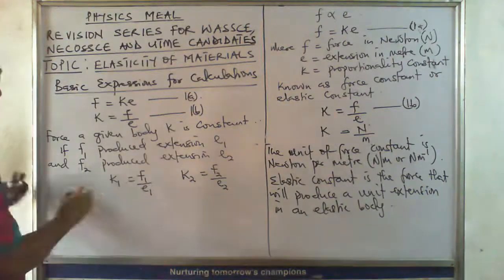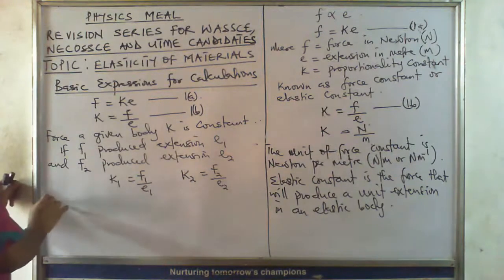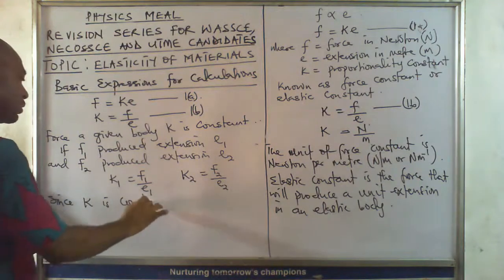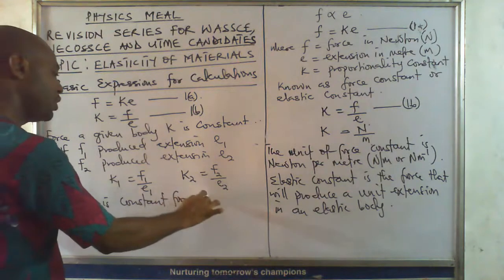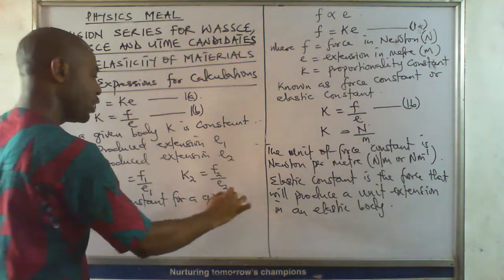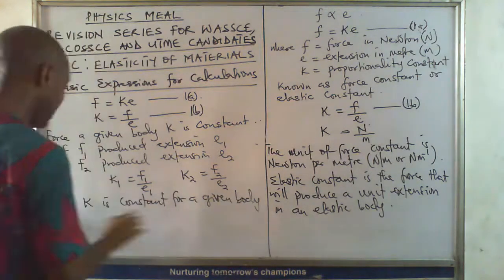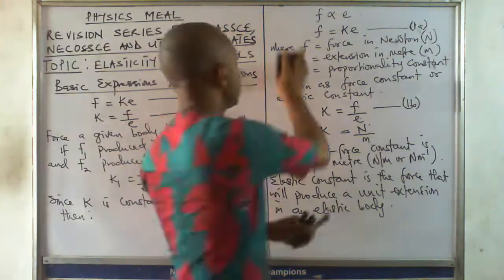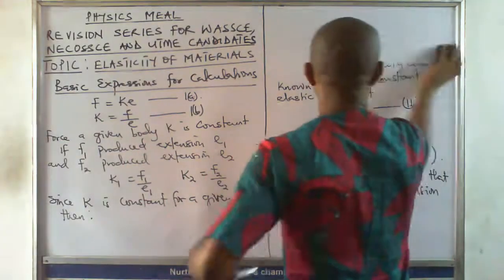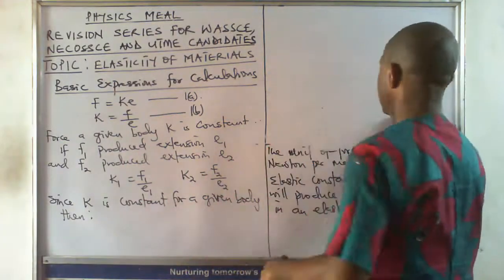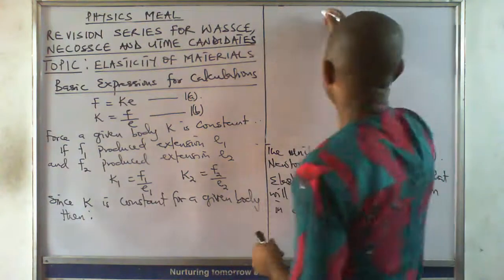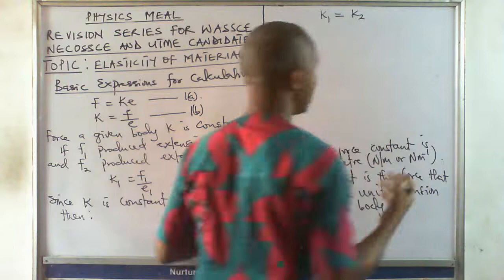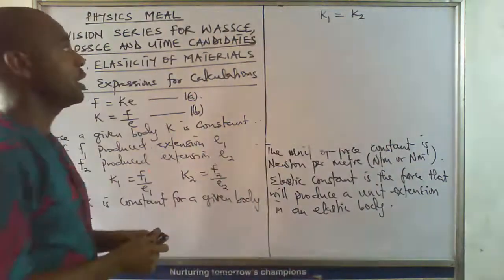So since K is constant for a given body, we can comfortably write that K1 is equal to K2, because it's a constant for a given body.